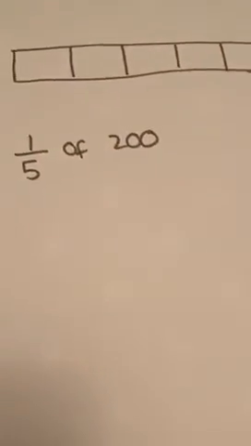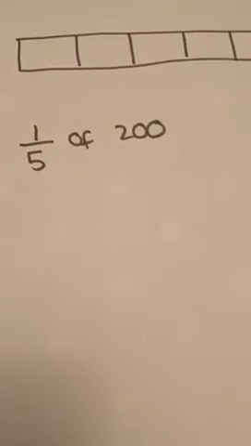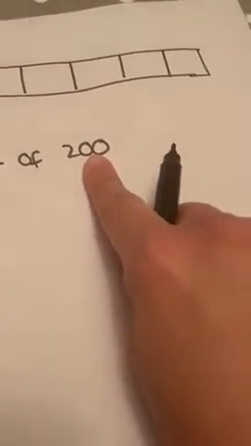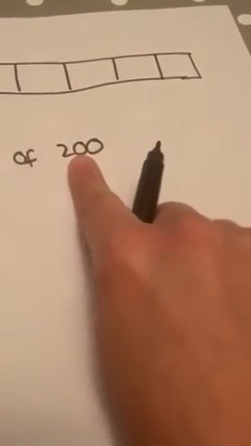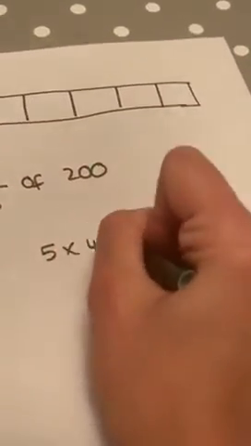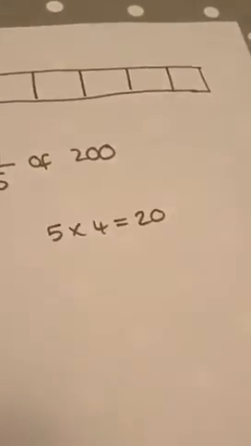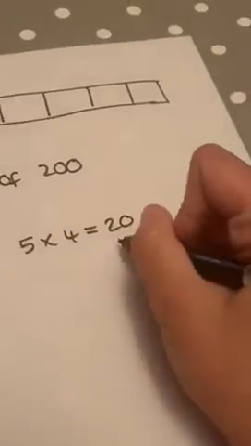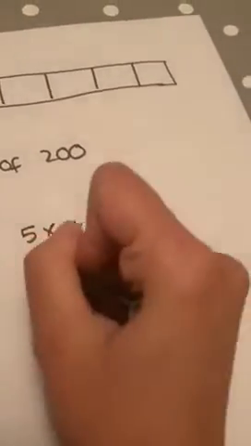Now that's quite tricky because I can't count my 5s up all the way to 200. So I'm going to use a related division fact, and I'm going to know that there are 4 5s in 20. So if 5 times 4 equals 20, then how many 5s are there going to be in 200?